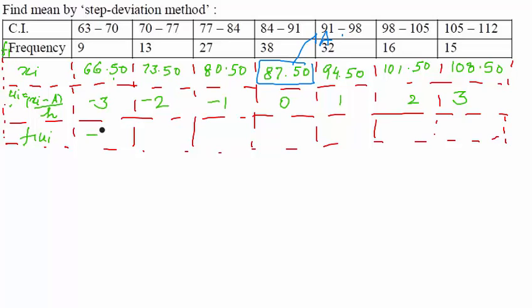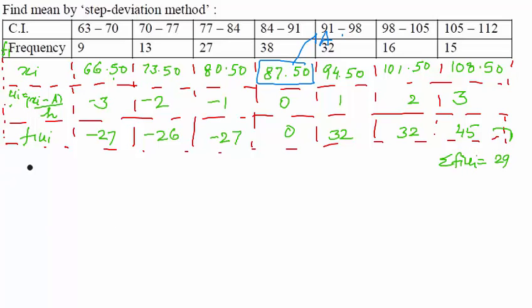So 9 into -3 is -27, -26, -27, 0, 32, 32 and 45. Now we add up the fi ui and we get 29. So the sum of fi ui is 29.